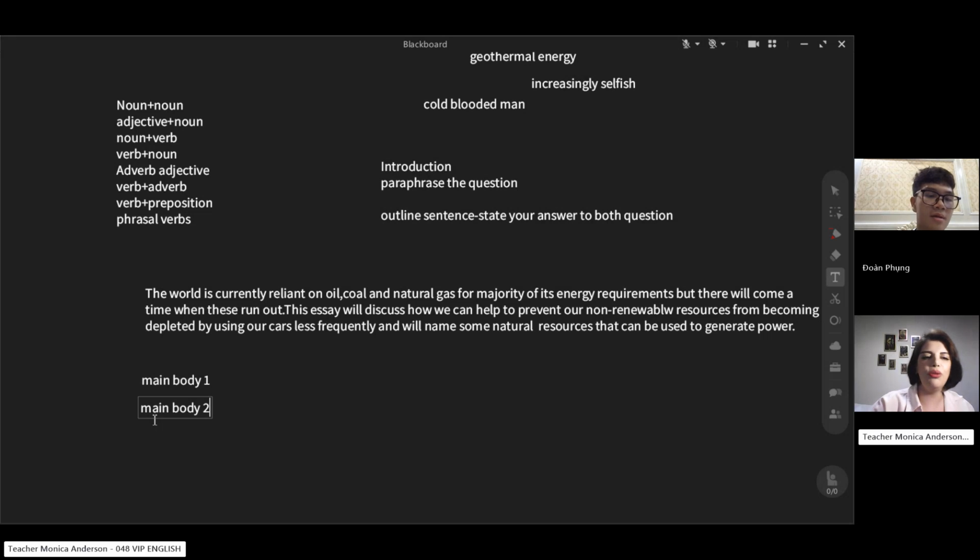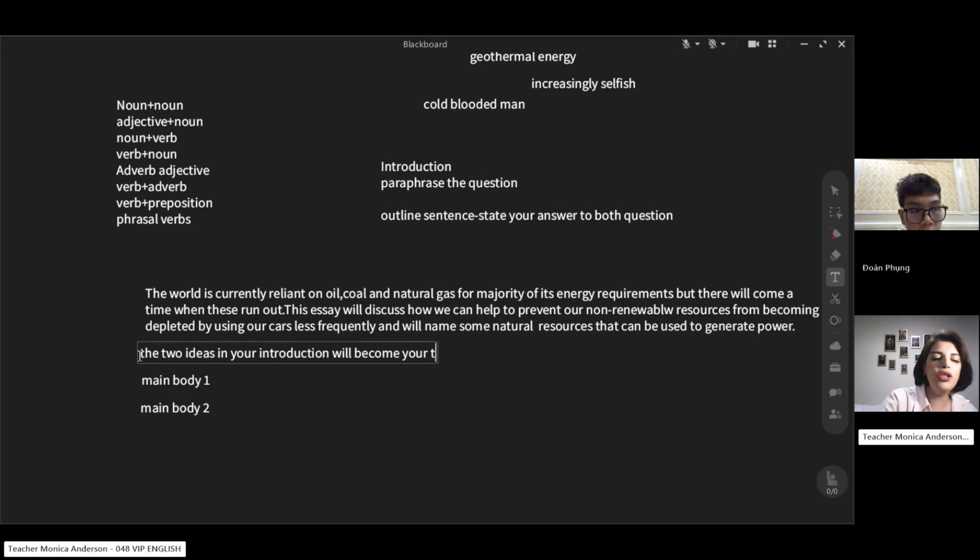Main body 2. First of all, don't forget the two ideas in your introduction. Anything that you write in your introduction will become your two main body paragraphs.